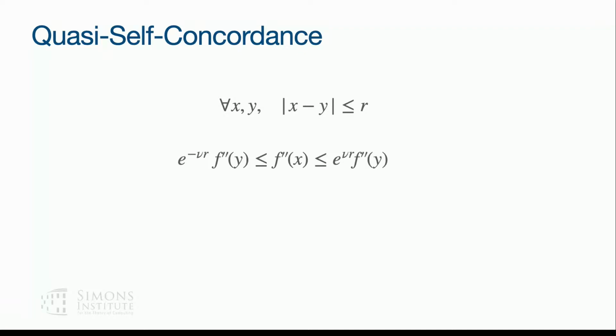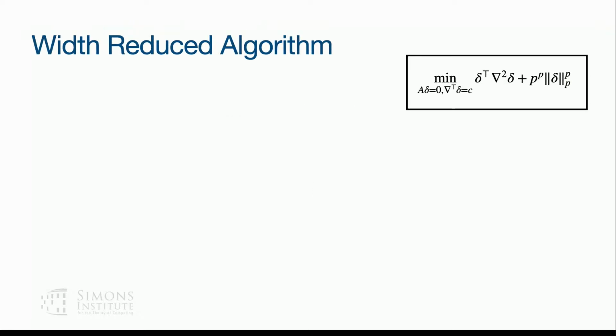So at least in small L2 balls, or depending on which norm you're working with, in small regions, your function is very well behaved. It has both quadratic upper and lower bounds. And this allows us to give a width-reduced algorithm for all quasi self-concordant functions.